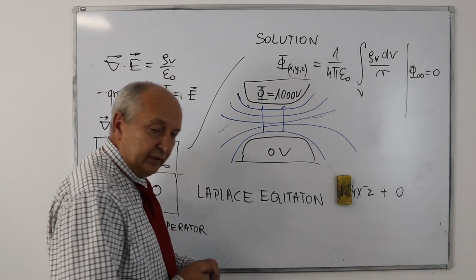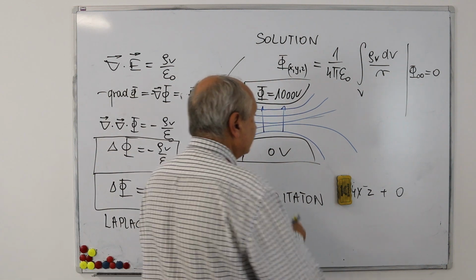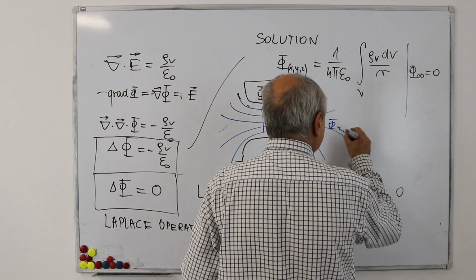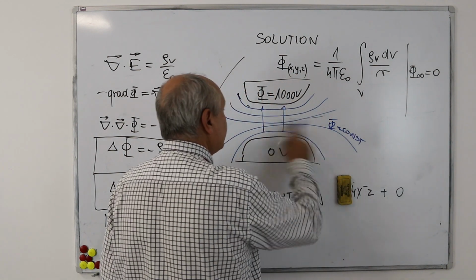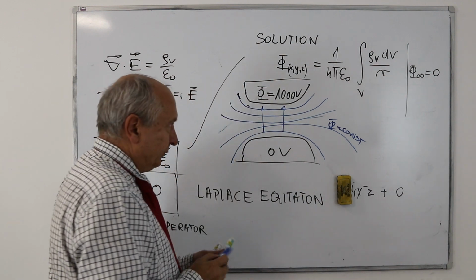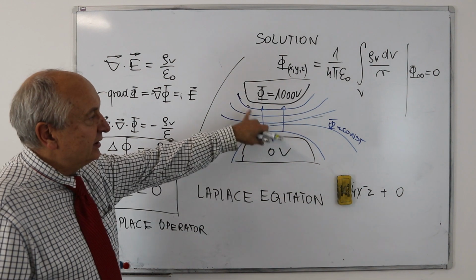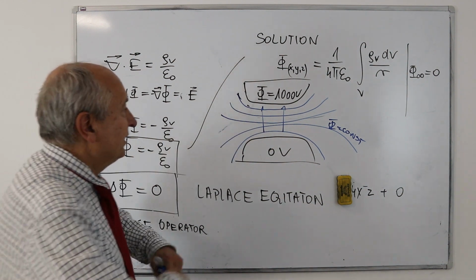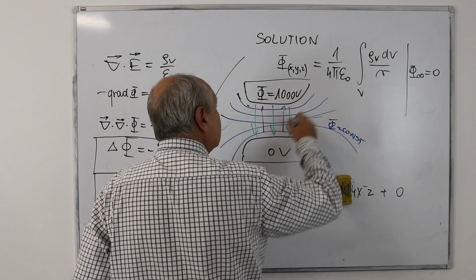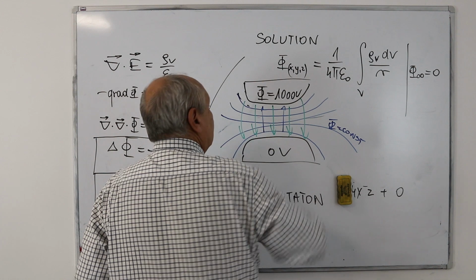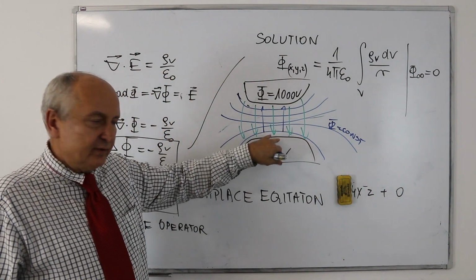And when we have, for example, one of the phi constant, one of the equipotential surfaces. When we have this distribution, there is a special numerical program that finds this distribution. After this we calculate the electric field distribution. So we can obtain the electric field distribution.